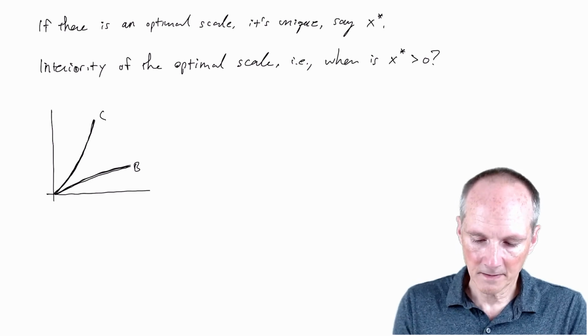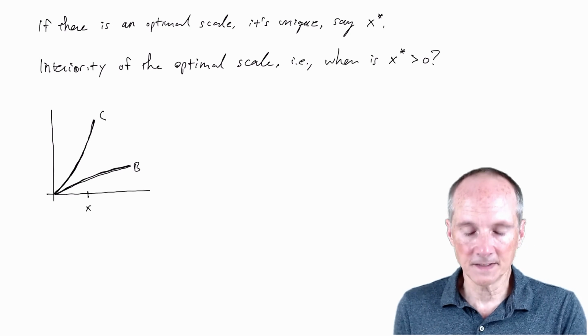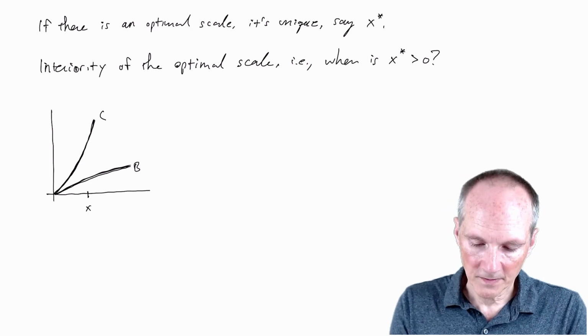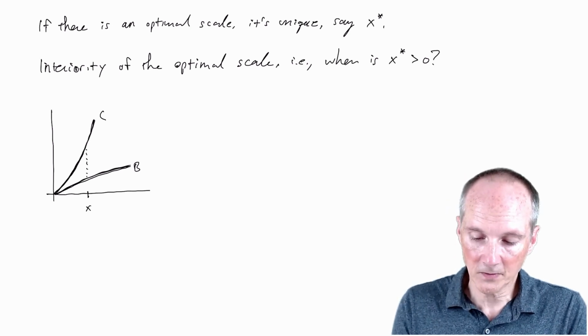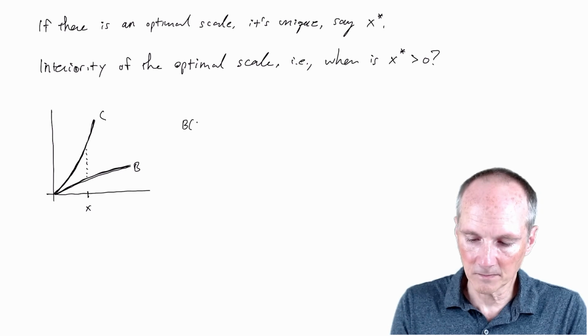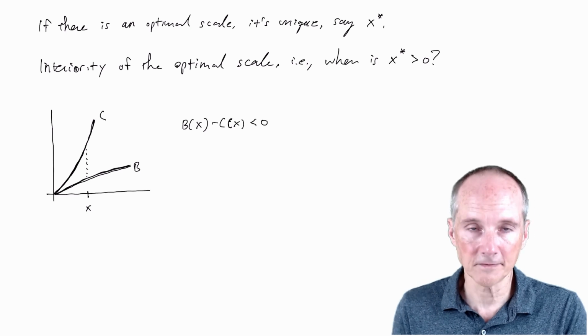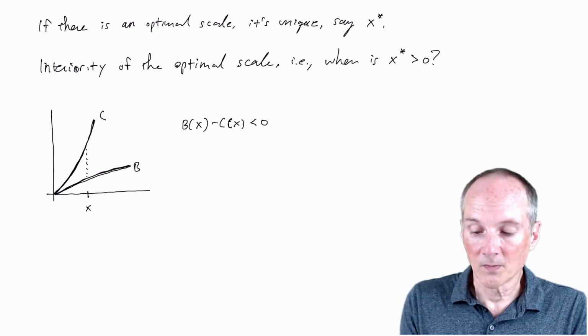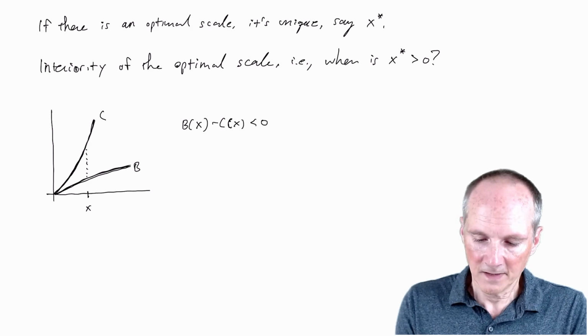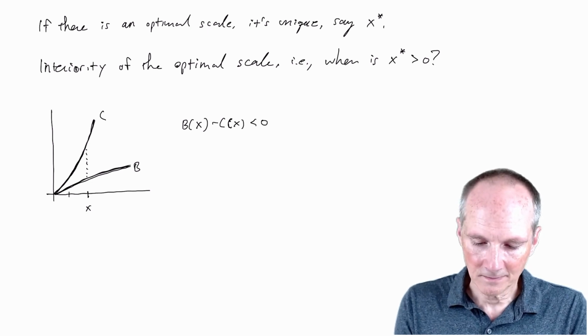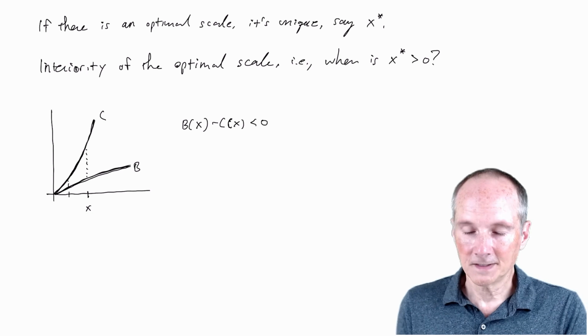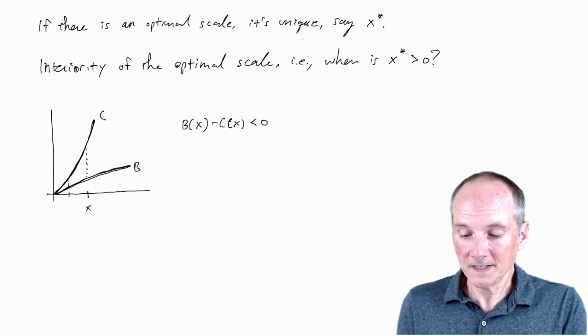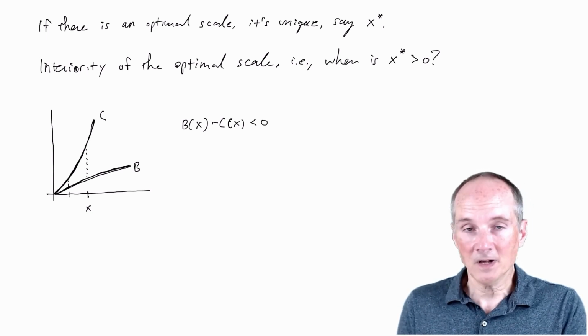But if I pick a scale like this x, well, cost is higher than benefit. So the net benefit of that scale is negative. More to the point, if I choose a smaller scale, it's still going to be negative in this picture, but at least it's smaller in magnitude.